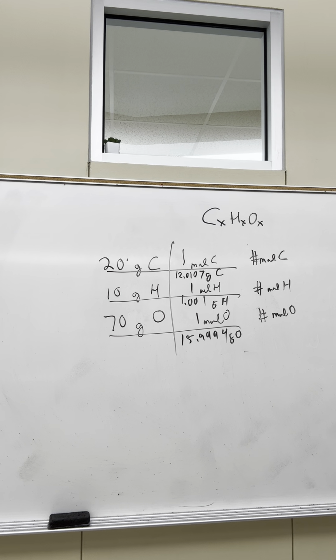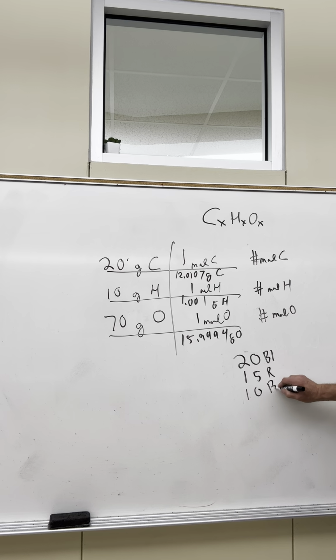Now, the very next thing you're gonna do is we're looking for the lowest whole number ratio. So if I told you that in the class there were 20 blondes, and that there were 15 redheads, and say 10 brunettes. Well, how would I figure out my actual lowest whole number ratio? I'm gonna take my smallest number and divide each one by my smallest number. And so I'd get 2 blondes, 1.5 redheads, and 1 brunette.